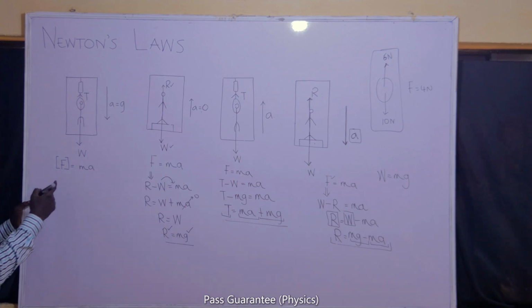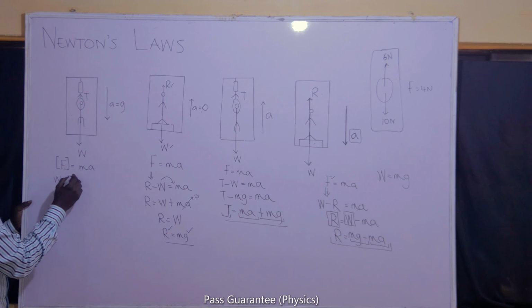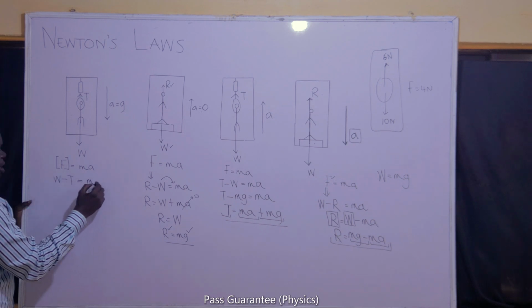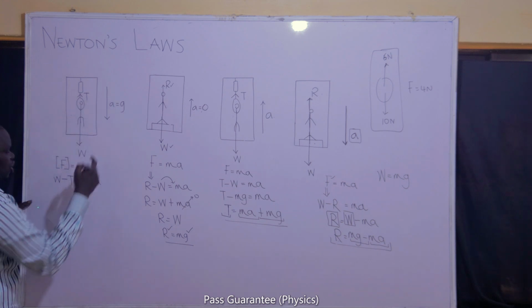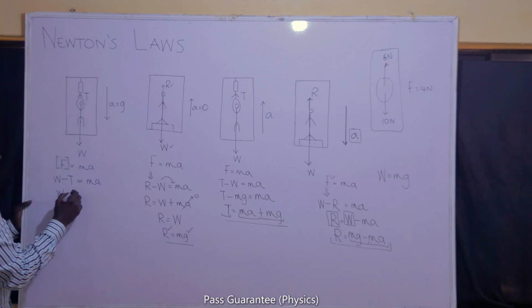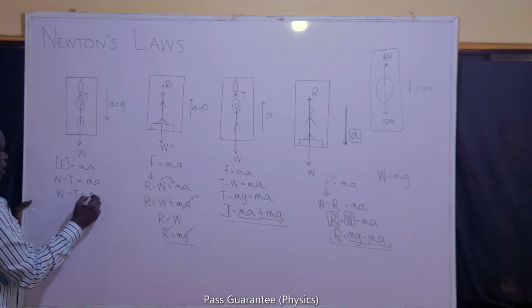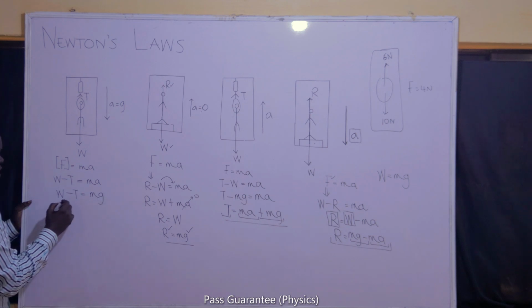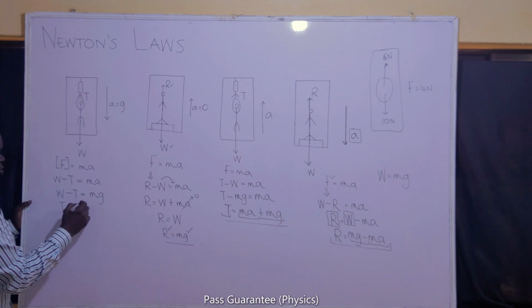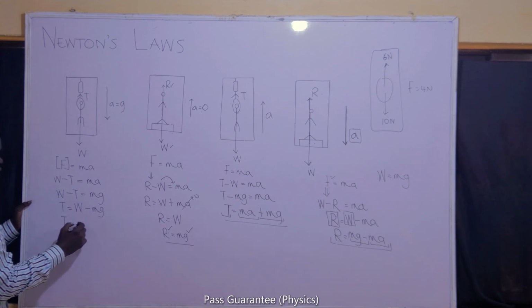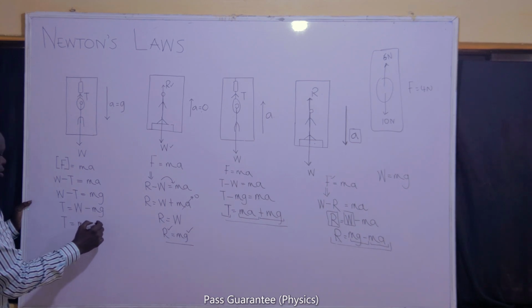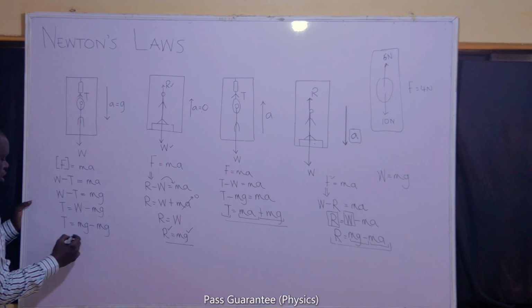If that is the case, W minus T will be my resultant force. It will be equal to MA. This time, the A with which the lift is falling is G. So I will have W minus T is equal to mg. So T therefore must be equal to W minus mg, and T must be equal to W, which is mg, minus mg. T must be equal to 0.